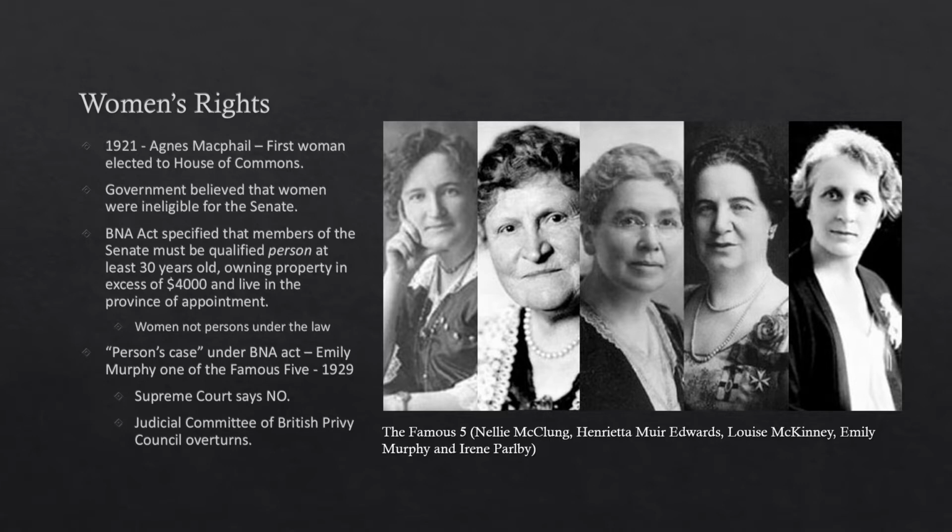And so the Judicial Committee of the British Privy Council actually overturned the Supreme Court of Canada and ruled that women were people under the law. And thus, as a result of the activism of the Famous Five, women could now be appointed to the Senate.